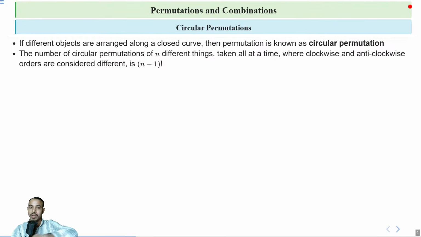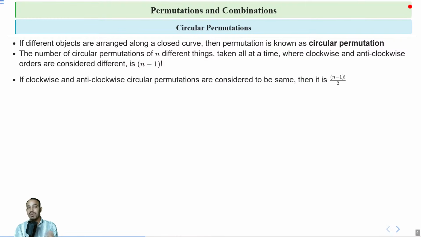Because when you arrange n different things taken all at a time in this case, you first fix the arrangement of one thing, and then you have n-1 remaining things, and you arrange them in (n-1)! ways. That is why the number of circular permutations of n different things taken all at a time, where clockwise and anti-clockwise orders are considered different, is (n-1)!. I hope it's clear.